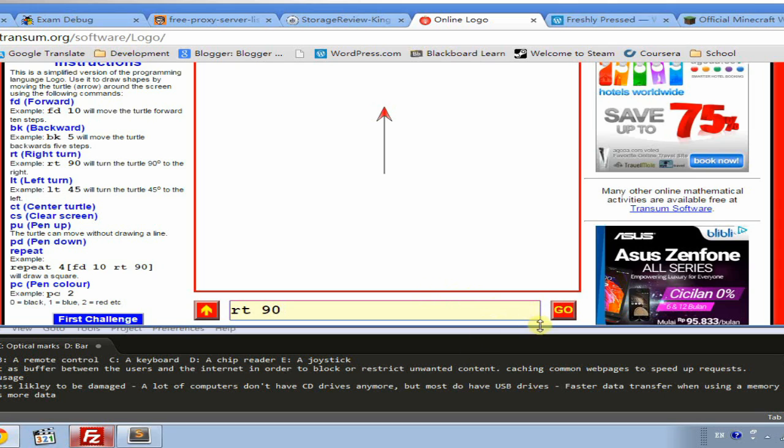So right 90 means turn 90 degrees. Notice when I turn 90 degrees it doesn't draw. Forward 5. Now one of the important ones that always comes up is pen up, which raises up the pen, which means it's going to stop drawing for a bit. And then if I do forward 10, it'll still move forwards, but it won't draw. And if I want it to start drawing again, I've got to go pen down.